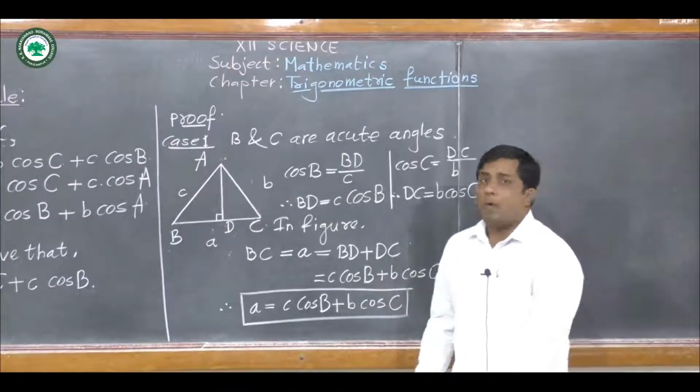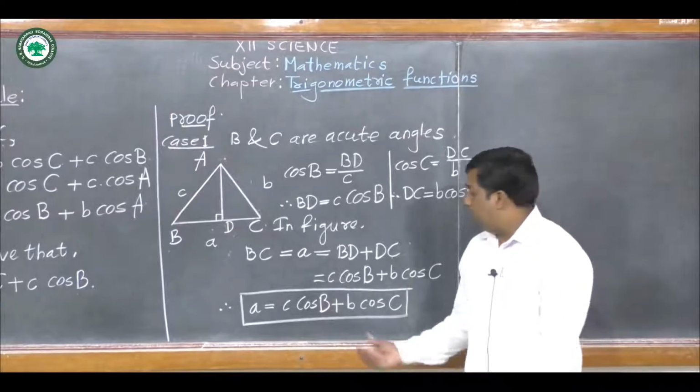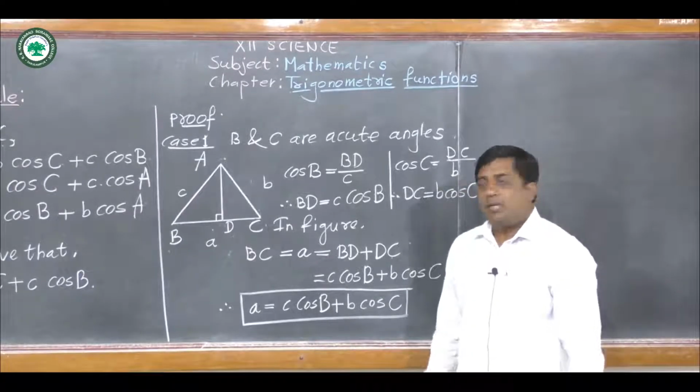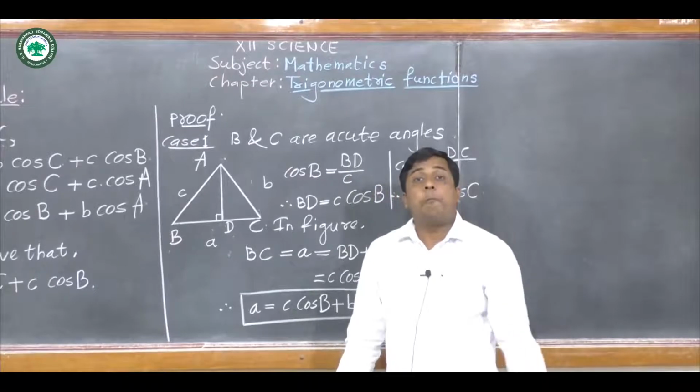So we prove our first case by using B and C as acute angles. Let's go with our next case to prove this relation. Here we consider B is obtuse.